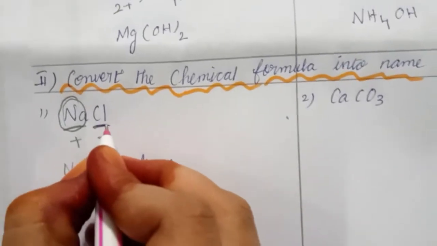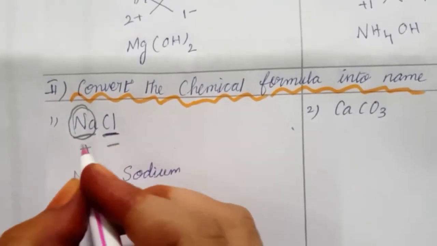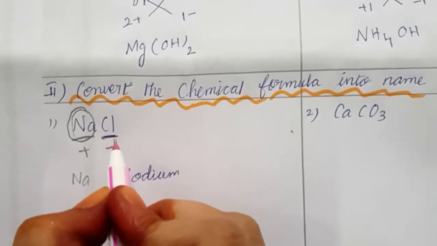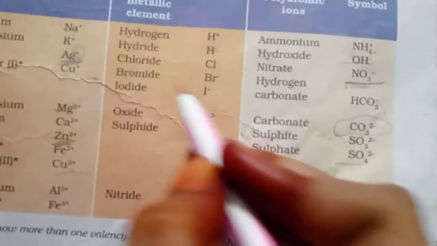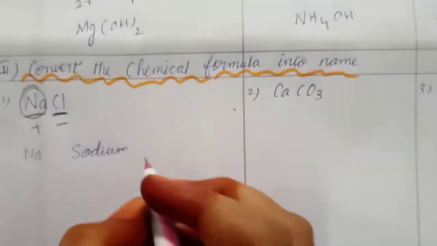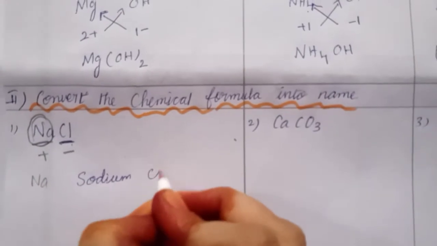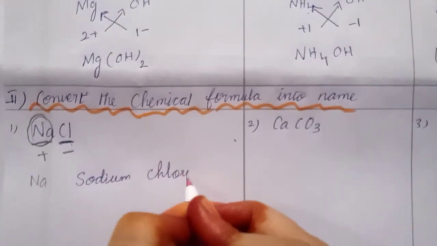And Cl. So the first one is positive and the second part is negative. So what is the name of the Cl ion? Chloride. So NaCl, sodium chloride.